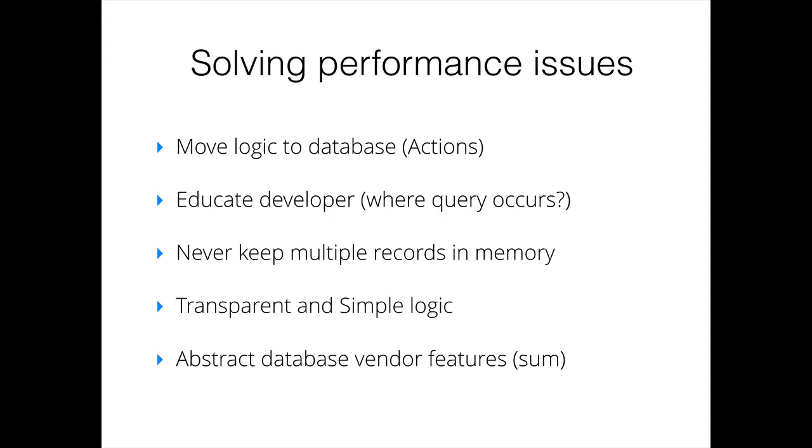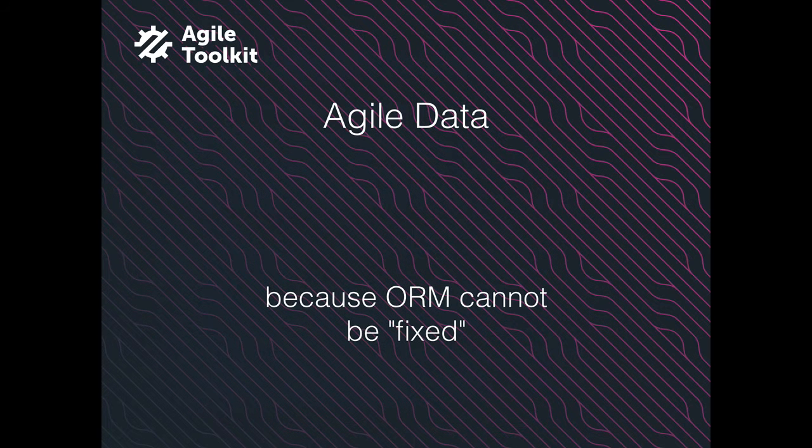Also, let's not keep multiple records in memory, and let's use simple and transparent logic for the code. And finally, let's give developers access to abstract features such as sum over multiple records, because this is used very frequently. And this is what Agile Data does.